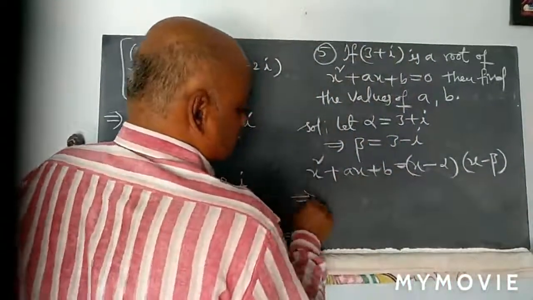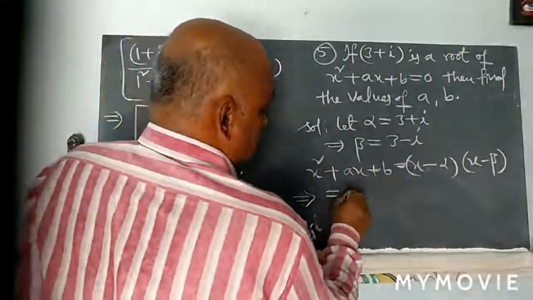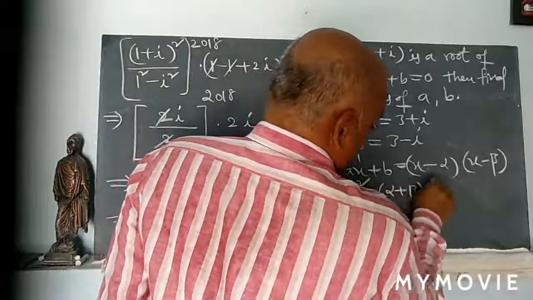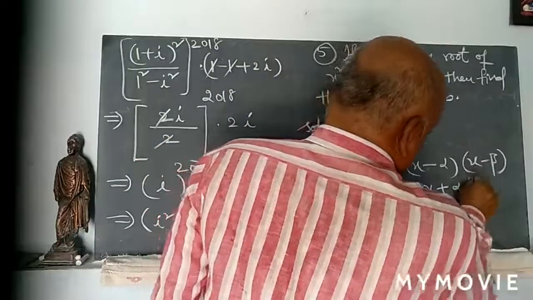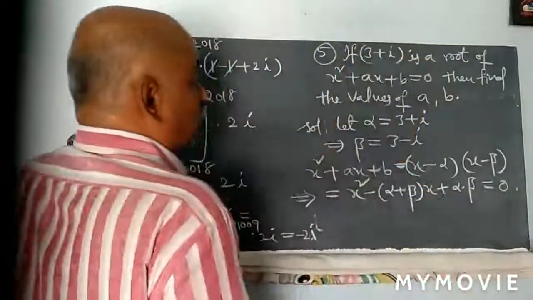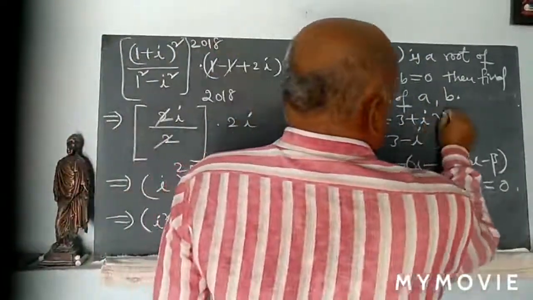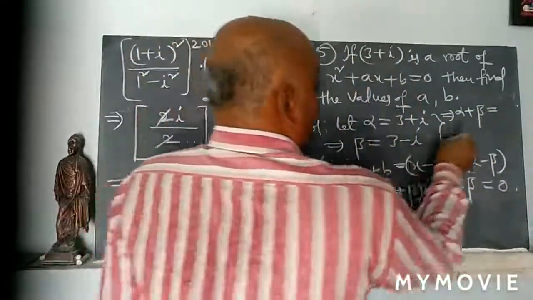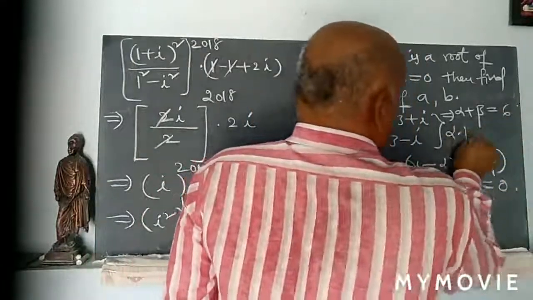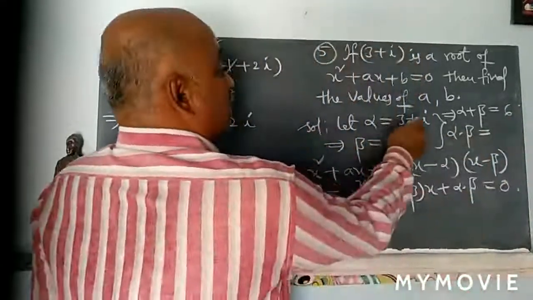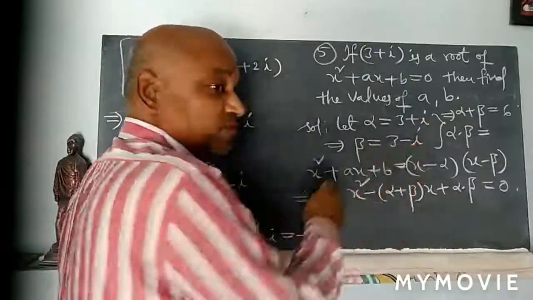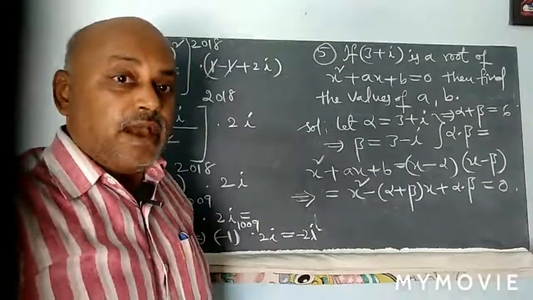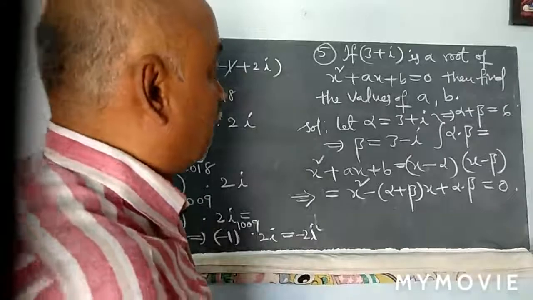So this is equal to x square minus (alpha plus beta) x plus alpha into beta equal to 0. Here alpha plus beta is equal to 3 plus 3, which is 6, and alpha into beta is a plus b into a minus b, which is a square minus b square. So 3 square minus i square, value is minus 1, minus into minus is plus, so 9 plus 1, which is 10.